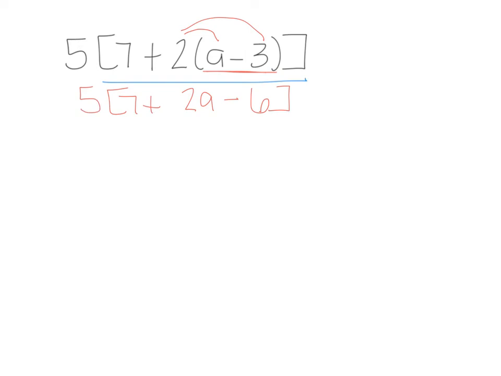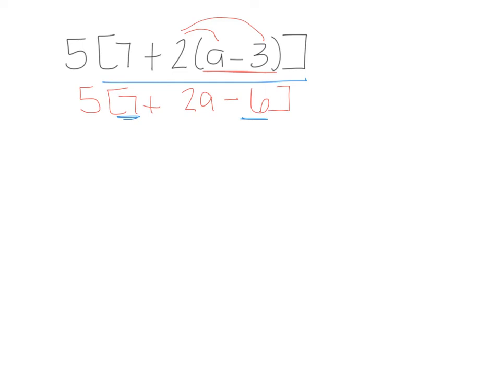So now in my brackets, do I have any like terms? We have a 7 and a 6. So we could say 7 minus 6.